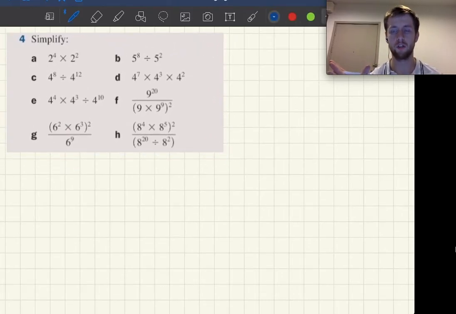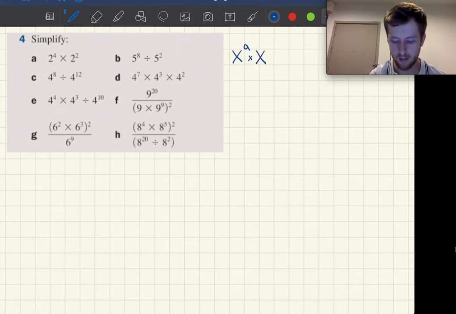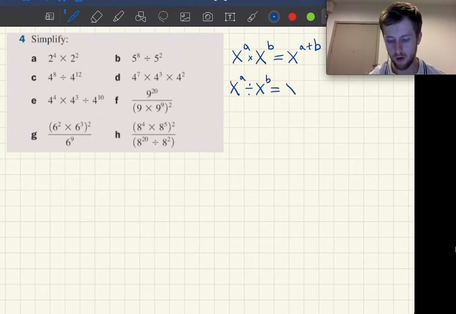So the laws are like this: x to power a times x to power b is equal to x to power a plus b, like this. x to power a divided by x to power b equals x to power a minus b.